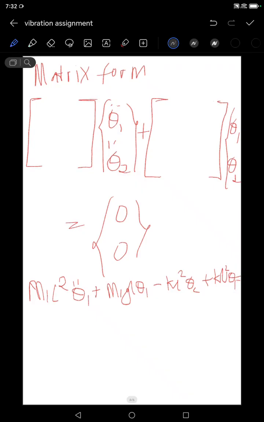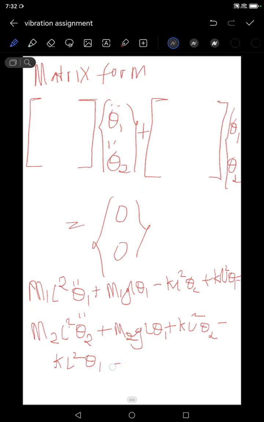And then the second equation is m2 L squared theta 2 dot dot plus m2 GL theta 1, and then it's going to be a positive KL squared theta 2 minus KL squared theta 1 equals to 0.